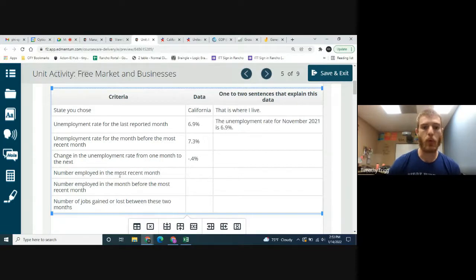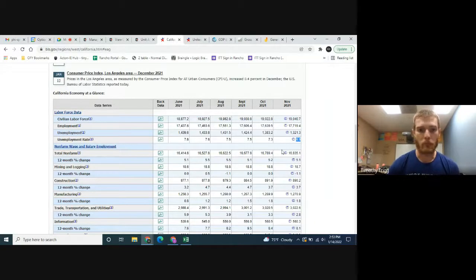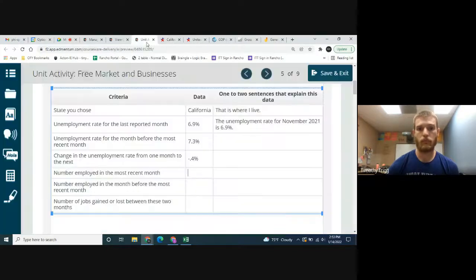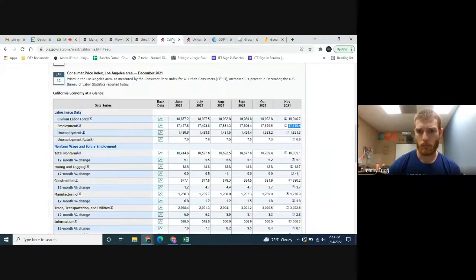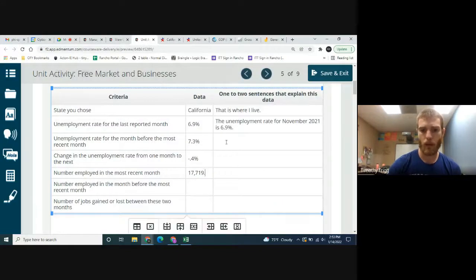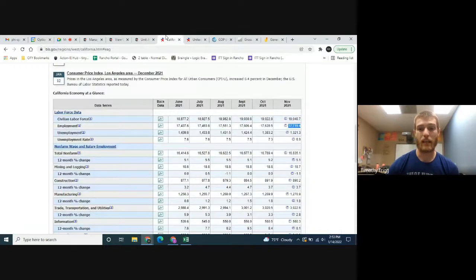The number employed in the most recent month. So the number employed, in our case, is 17,719. Okay. But actually, when you look at this data, it's important to know that this number is in thousands.